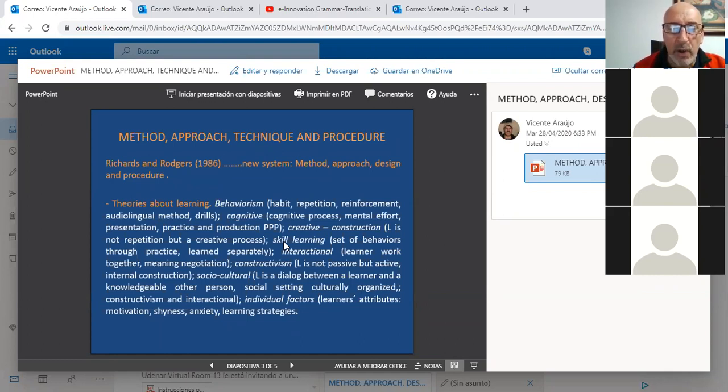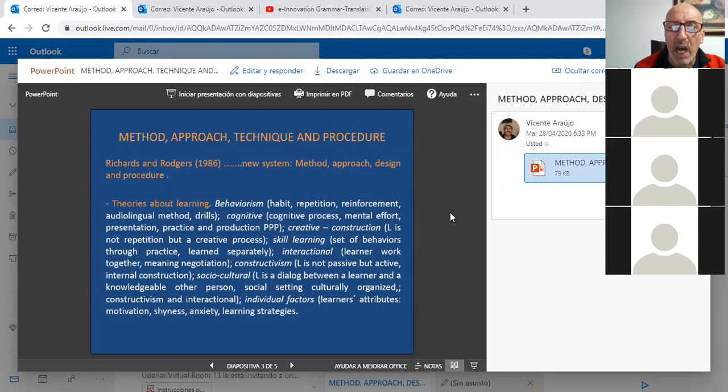You listen to others and you receive information. So that's receptive. And you read what someone else wrote, so when you read, you receive information. So for some authors, speaking and writing are productive, and listening and reading are receptive. However, as Gabriela pointed out, these things are connected. Listening is connected with speaking.